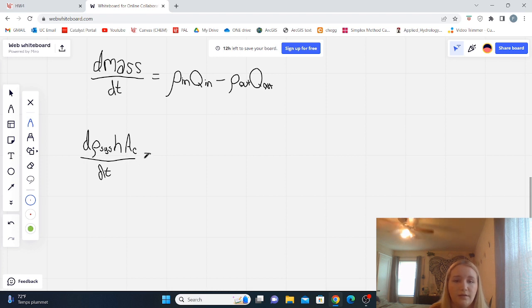Again, this will be equal to our rho in multiplied by Q in, subtracting our rho out multiplied by our Q out.